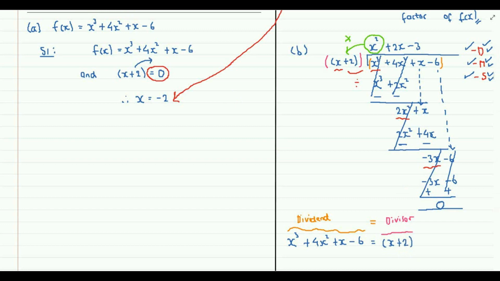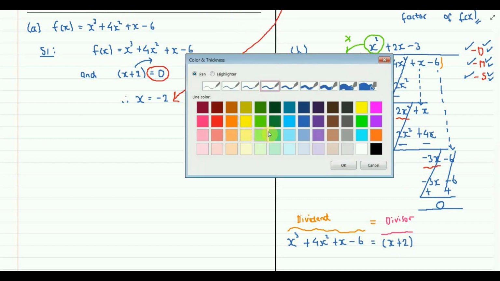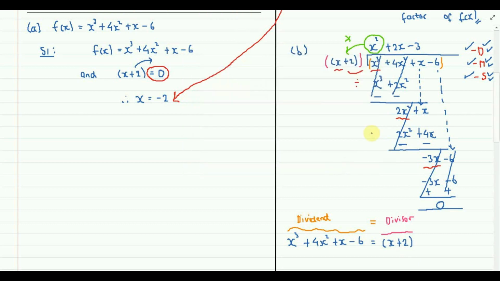multiplied by the quotient. So let me take a purpley colour, and the quotient is this term on the top, the term on top of your division sign. So multiply by the quotient, so let me write down quotient here.